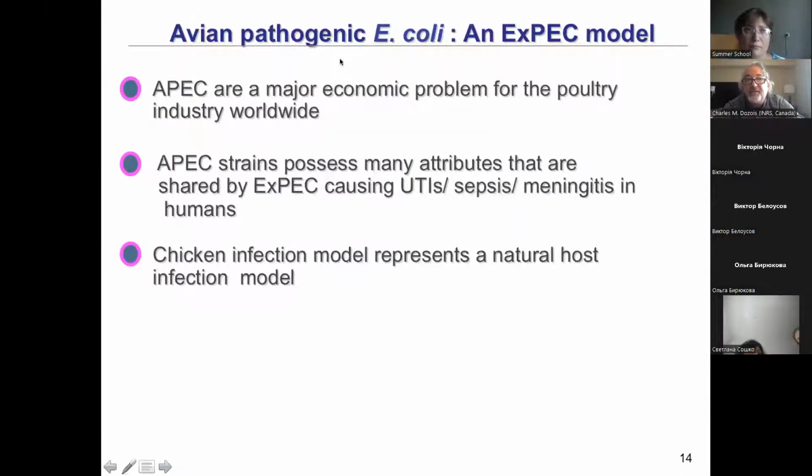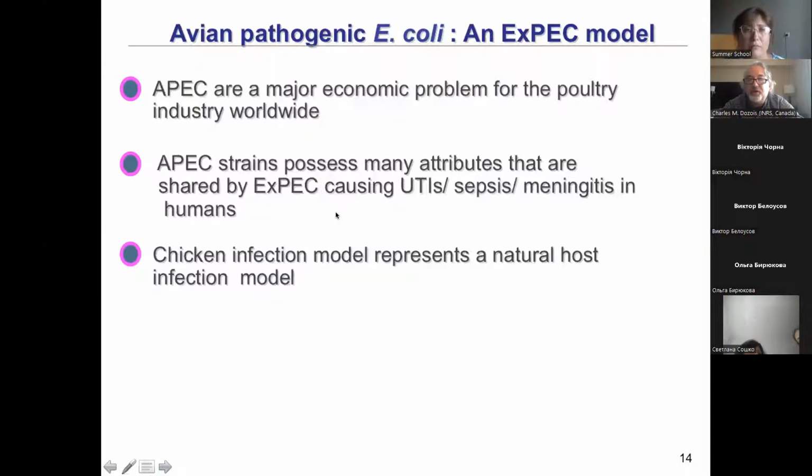In the case of the avian pathogenic E. coli, it's important to know that these APEC are a major economic problem for the poultry industry worldwide, causing respiratory infections. When we rear the chickens, it's in a high density. So there's a likelihood, if there is a pathogenic strain that gets into the respiratory tract, it has more of a likelihood to cause disease throughout a production facility and a rearing facility.